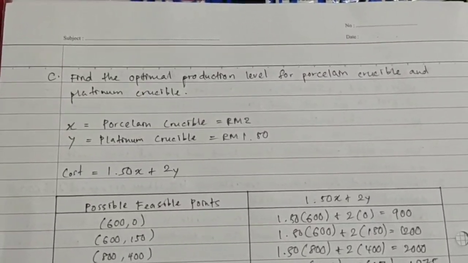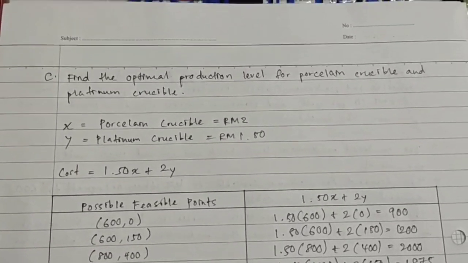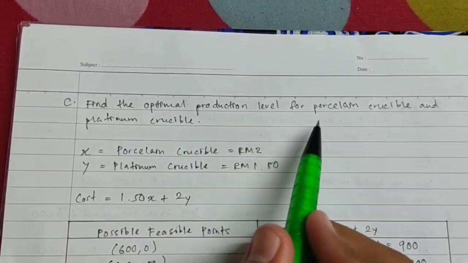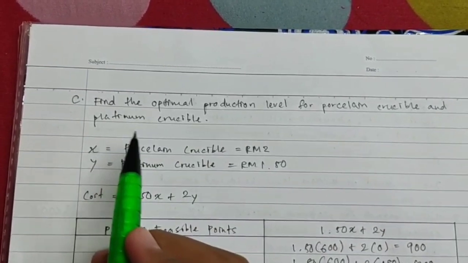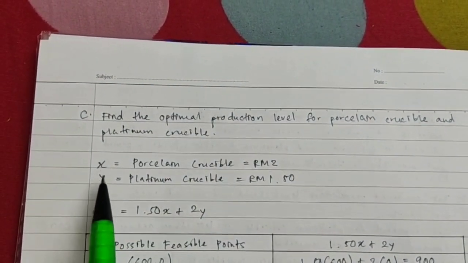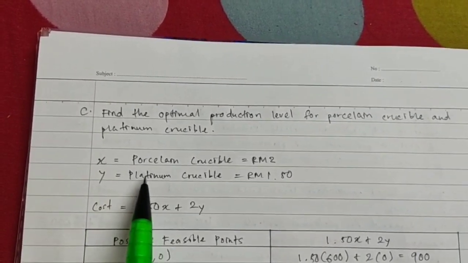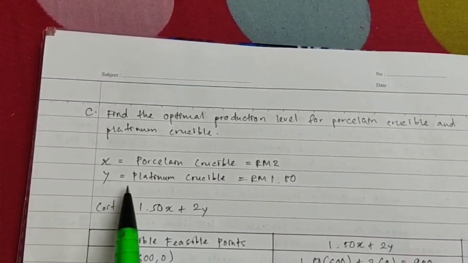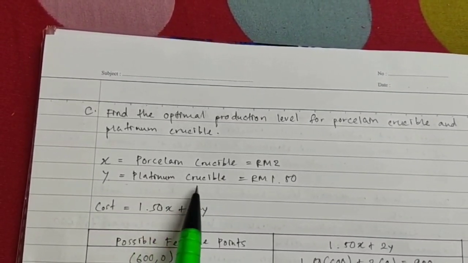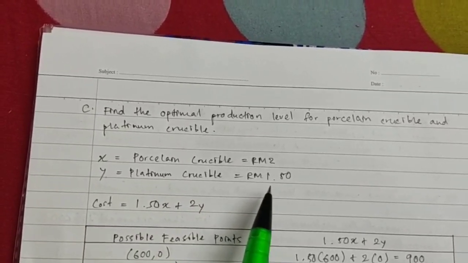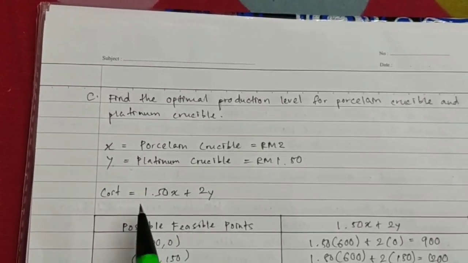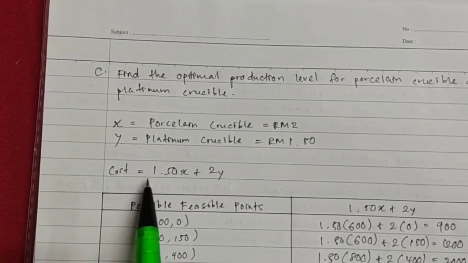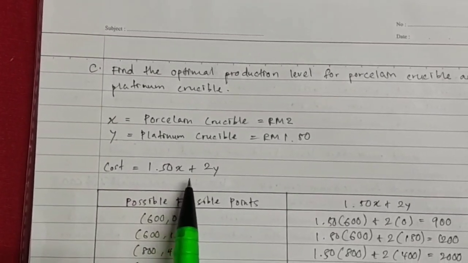So the next part, question 3C, needs the optimal production level for porcelain crucible and platinum crucible. The first one, we call X equal to porcelain crucibles equal to ringgits, and Y equal to platinum crucible equal to 1 ringgit 50 cents. The formula we use is cost equal 1.50x plus 2y.